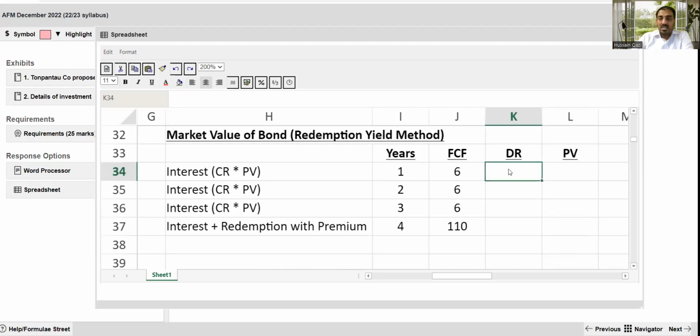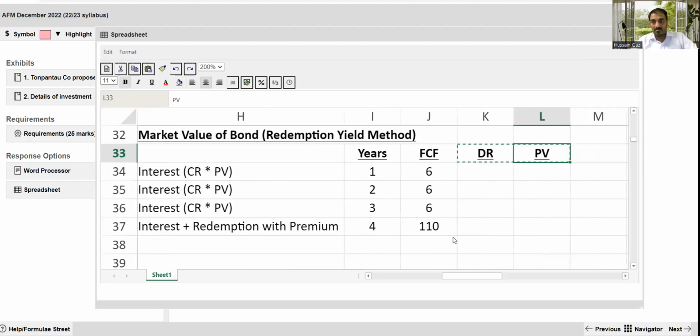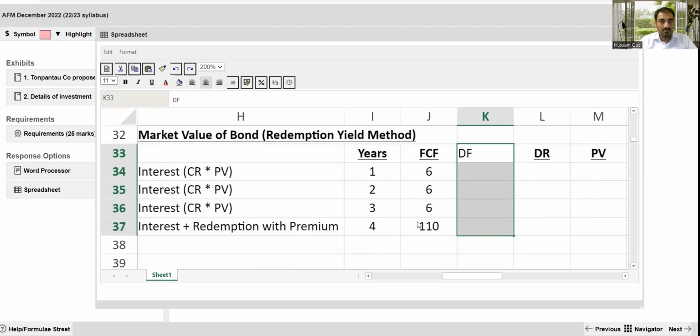That's the point. So number one, interest rate or spot yield.